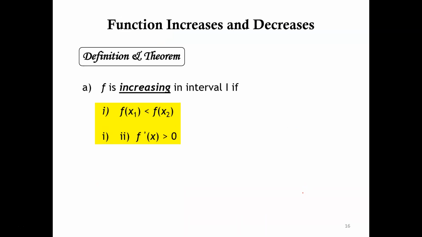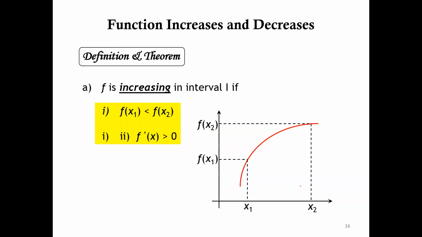Okay, and then let's check for where the function increases and decreases. How are we going to determine whether the function increases or decreases? Let's see the definition and theorem first. F is increasing in interval I if f(x1) less than f(x2), and also f prime x greater than 0.